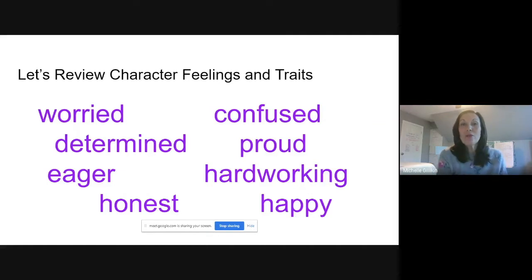Let's start by reviewing character feelings and traits. You'll see that I've just splashed some words up here on the screen. What I want you to do is touch and say each word. And then I want you to think out loud, or if someone is there with you, turn and talk about which of these words are feeling words and which of these words are traits.